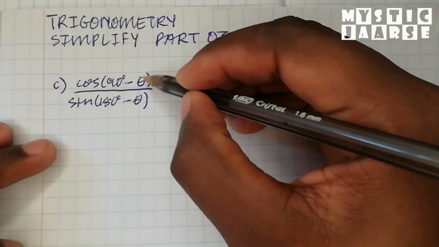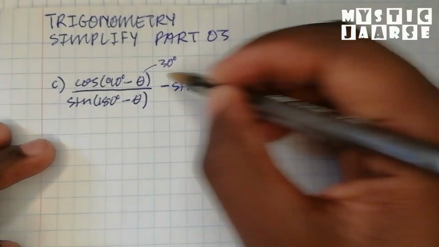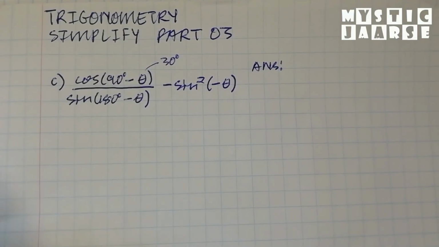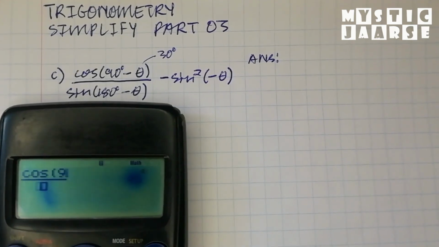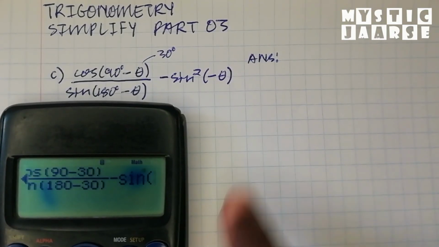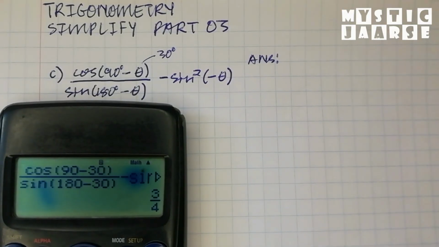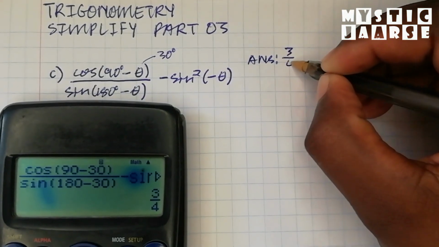answer, we need to replace theta by an angle of 30 degrees, and 30 degrees is a special angle, by the way. Cos of 90 degrees minus 30 degrees divided by sine of 180 degrees minus 30 degrees, minus sine of negative 30 degrees squared. We get 3/4.